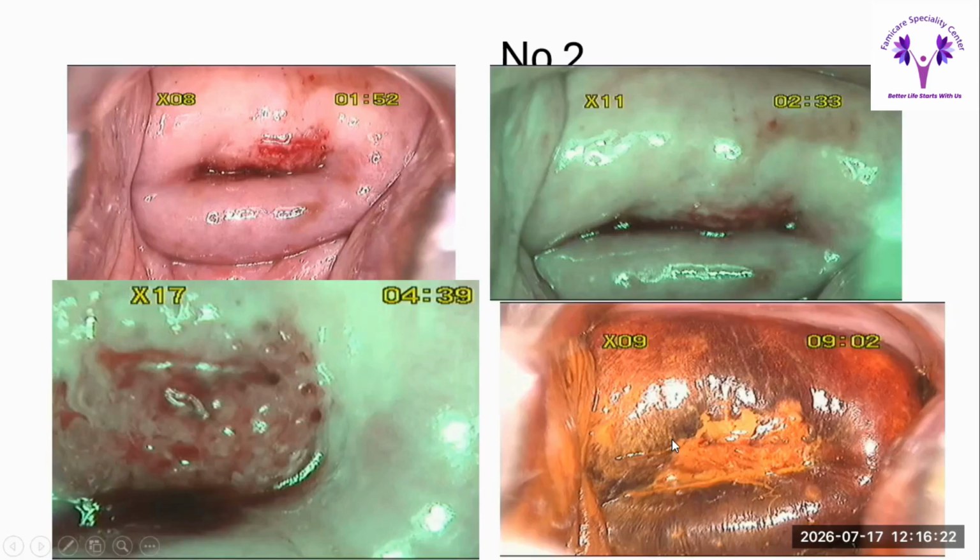So the acetic acid uptake score is 1, margin score is 0, vessels fine and regular, that is again 0. Lesion size is almost between 5 to 15 millimeter, so 1 score can be given, and iodine stain is faint or patchy yellow. The score in this case, because of the acetowhite uptake, lesion size and iodine staining, is 3, and we have to take the biopsy from this area.